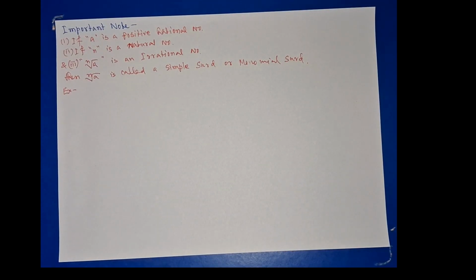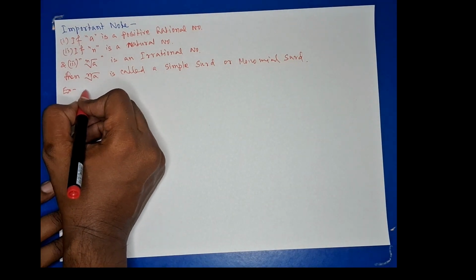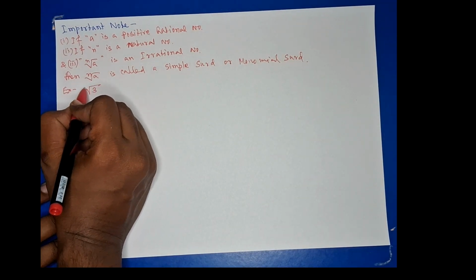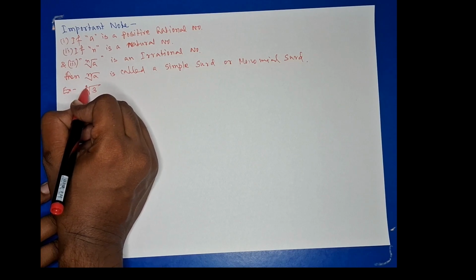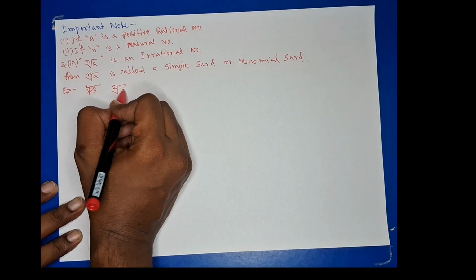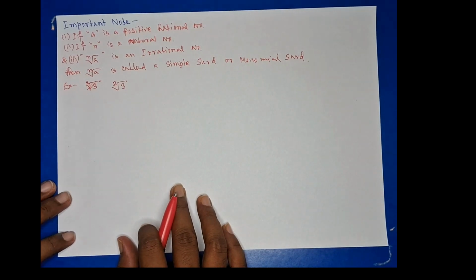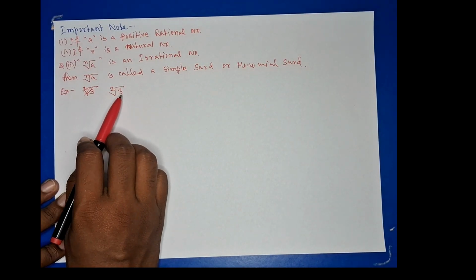Let us take examples. Suppose root 3. Root 3 means square root of 3 or second root of 3. Here we can consider this is 2. Square root of 3, whatever you call this. Can you say that this is a surd or not?